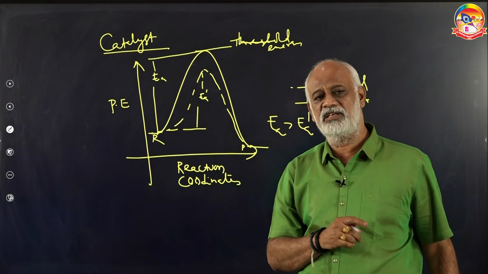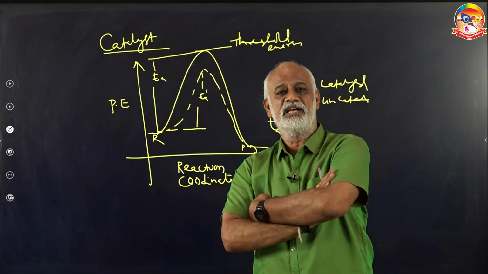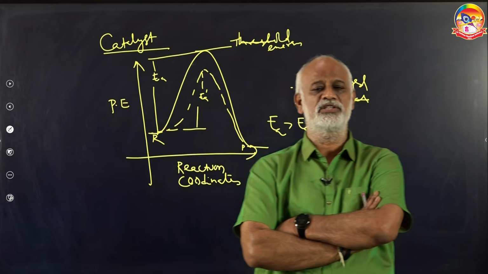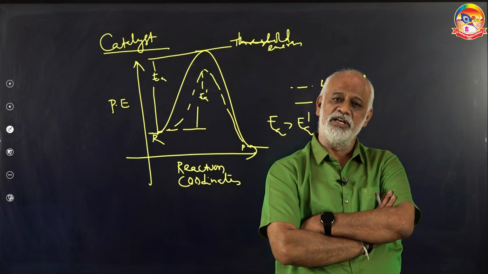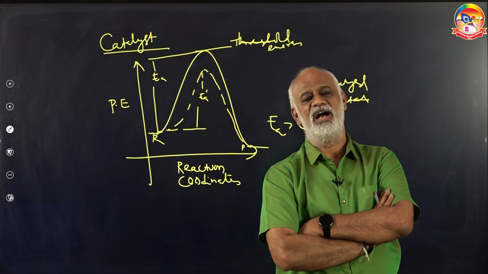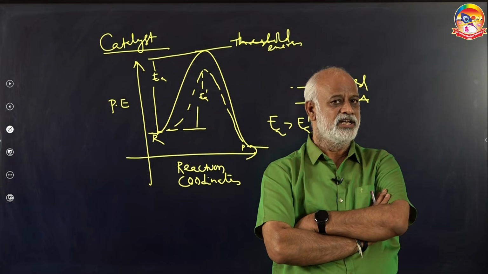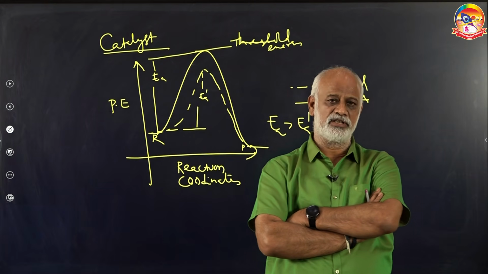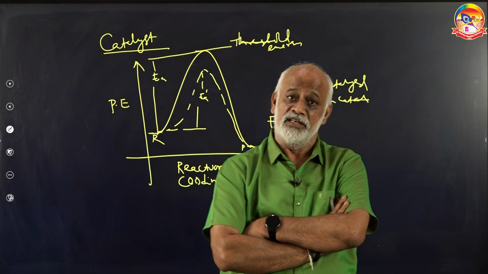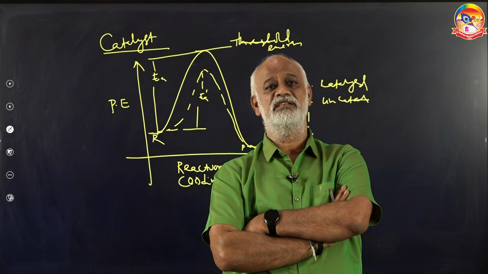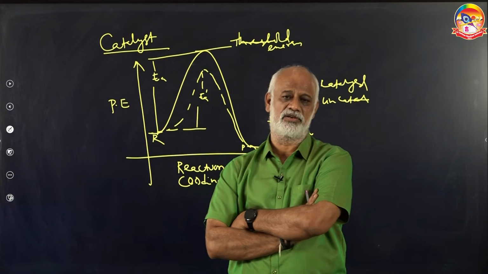A catalyst does not change the energy of the reactant, does not change the energy of the product, does not change delta H of the reaction, does not change any other aspect. The only thing that it changes is the path. A catalyst takes the same reaction through a path of lower activation energy and makes it occur faster. Thus, temperature increases the rate of reaction by increasing the number of activated molecules.